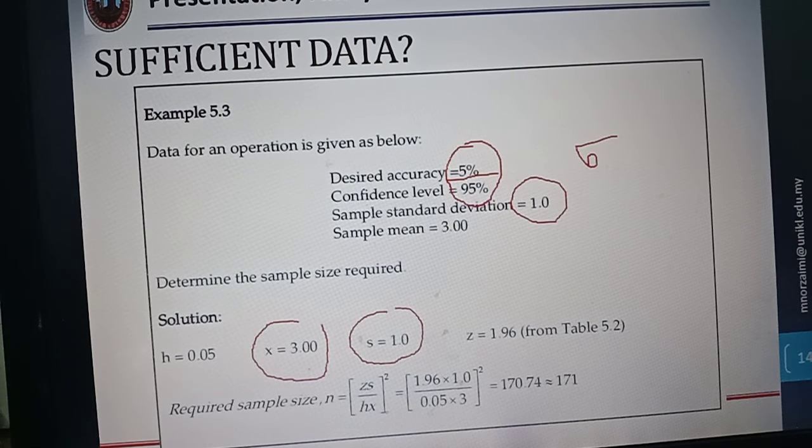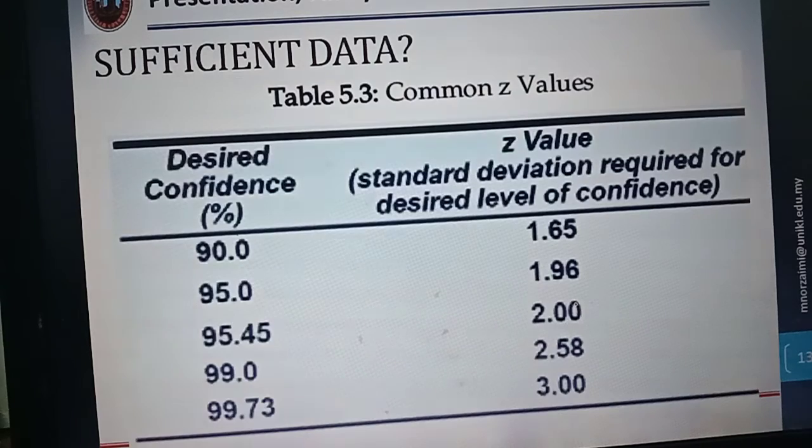H is 0.05, which is 5%. Z we need to refer to the standard table. For a confidence level of 95%, the Z value is 1.96.